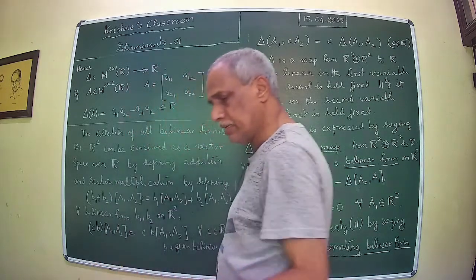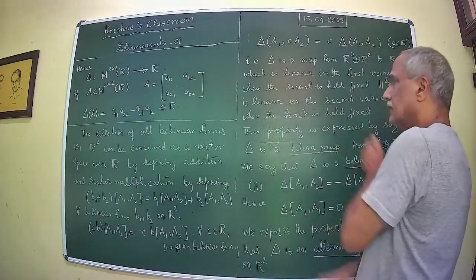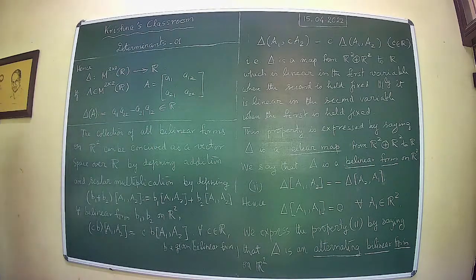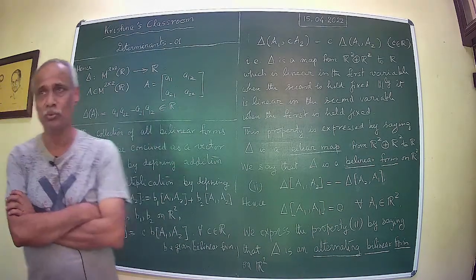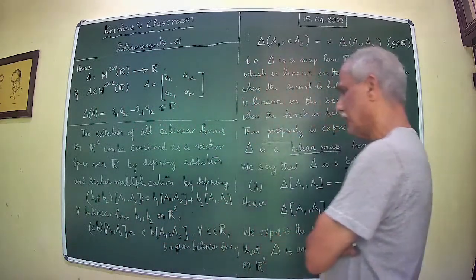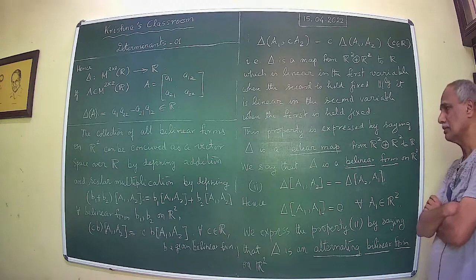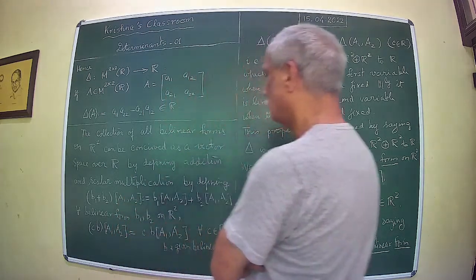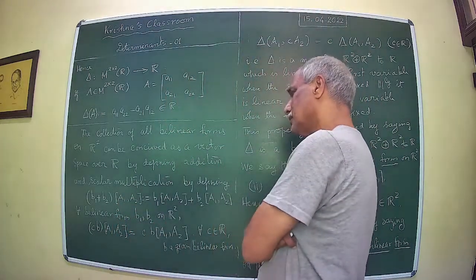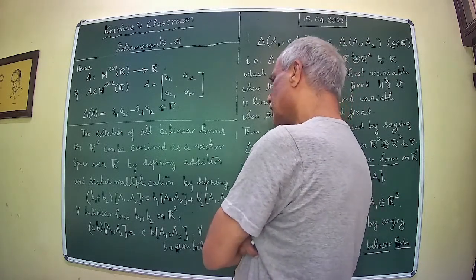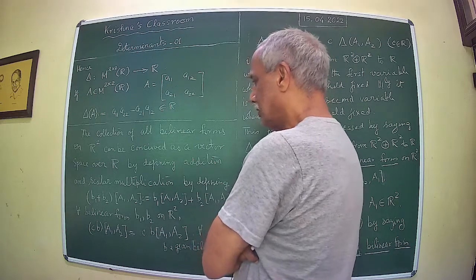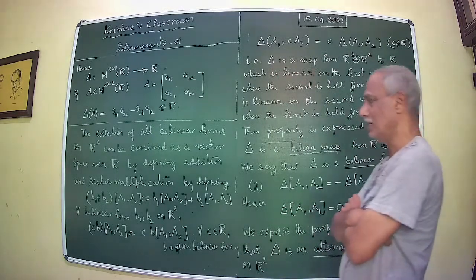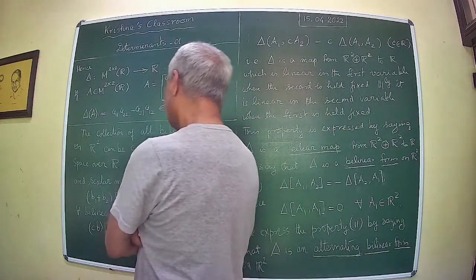So what exactly is a bilinear form? A bilinear form is a map from R2 direct sum R2 to R with the property that if we denote it by B, then B of A1, A2 is a scalar and such that B is linear in the first variable A1 if we hold A2 fixed, and also linear in the second variable if we hold A1 fixed.